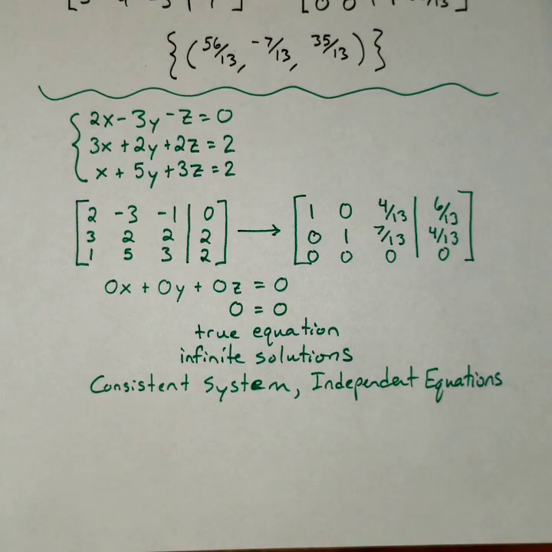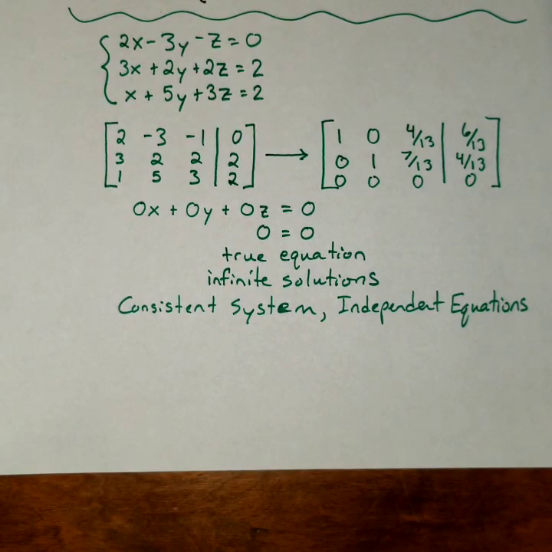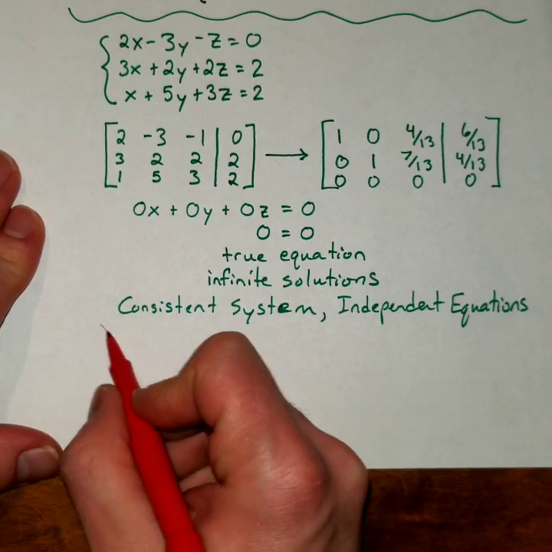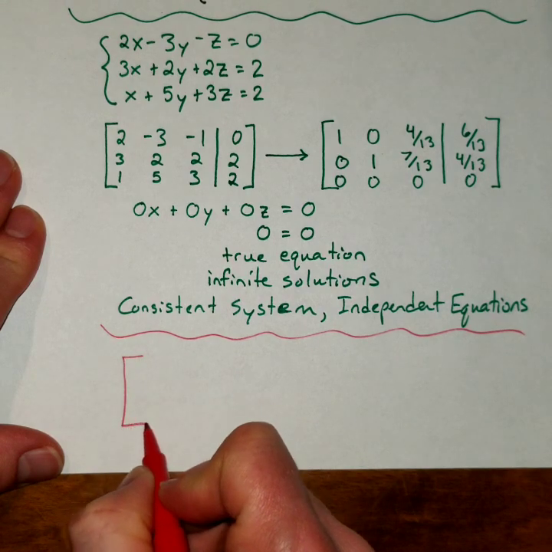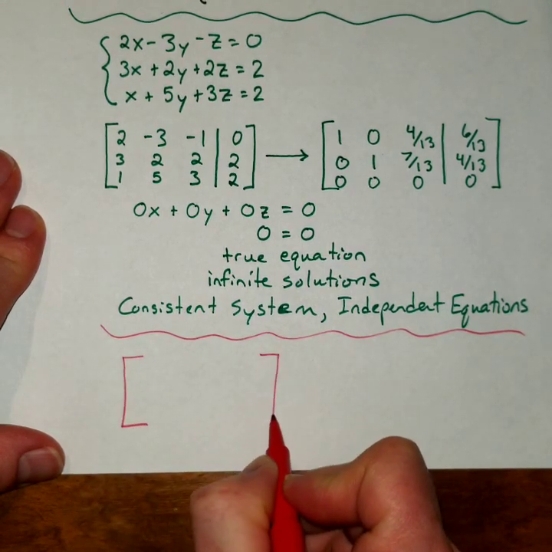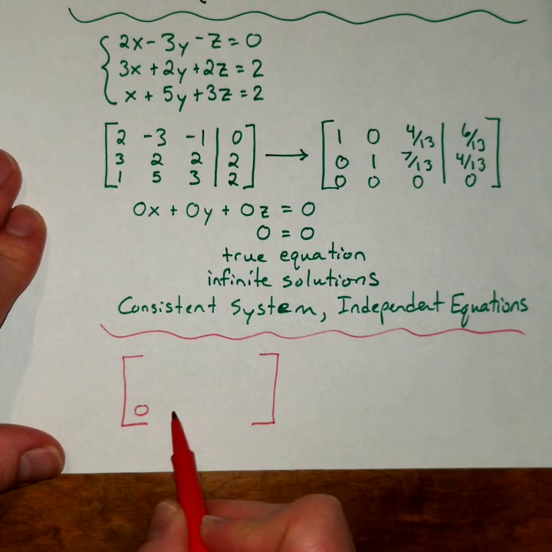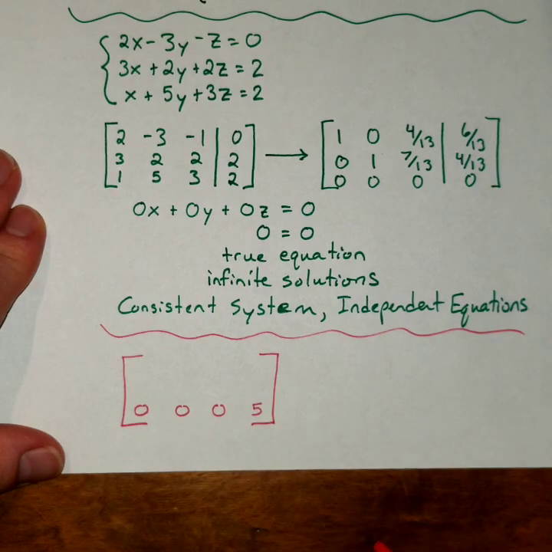Now, there are some times where you will get a matrix, a reduced row echelon form, where the bottom row, let's chop this off, new example, where you do the reduced form and the bottom row ends up having a bunch of zeros and then another number, like let's say 5.